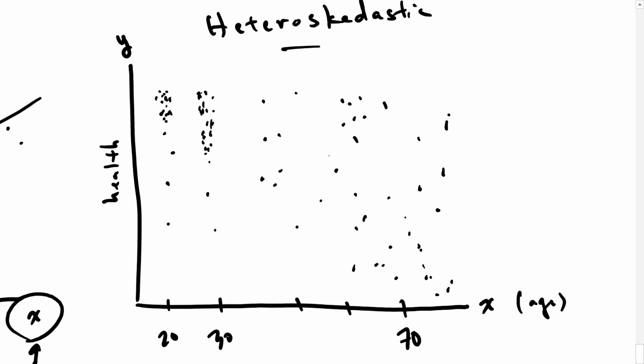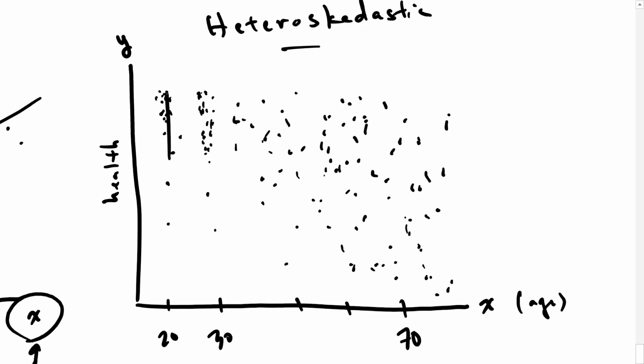And so let me just get some more data on here. And so, yeah, the variance here in the 20s is going to be quite tight with just a couple outliers there.